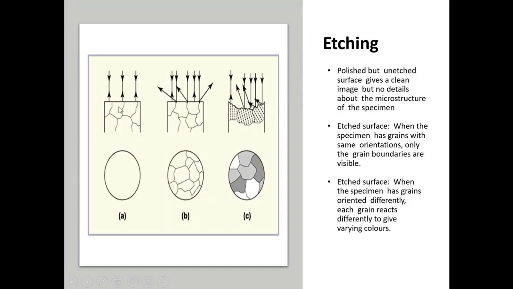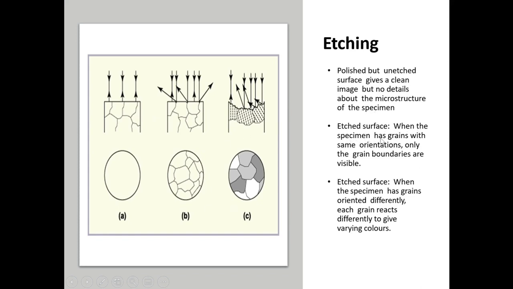So in the etching process, if you consider these figures, a polished but unetched surface gives a clean image but no details about the microstructure of the specimen. So the first image gives a polished but unetched surface, which will not give the microstructure of the specimen. The second is the etched surface.